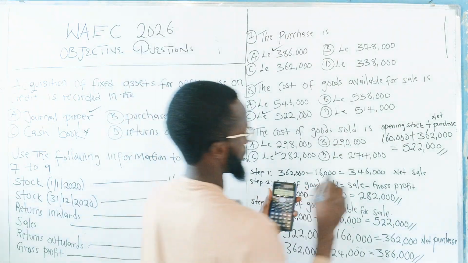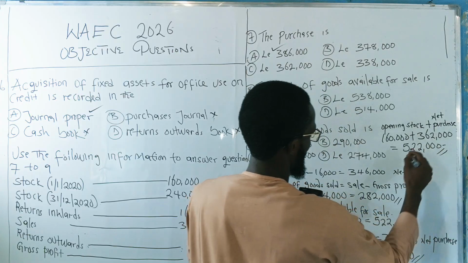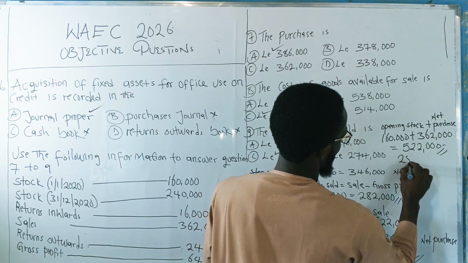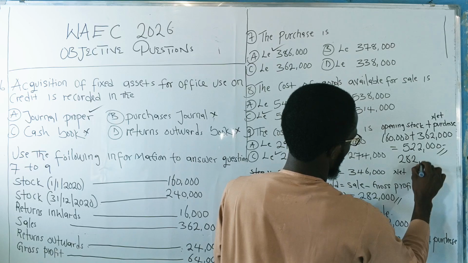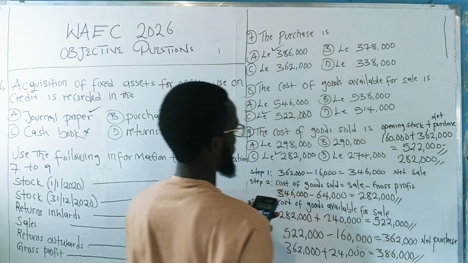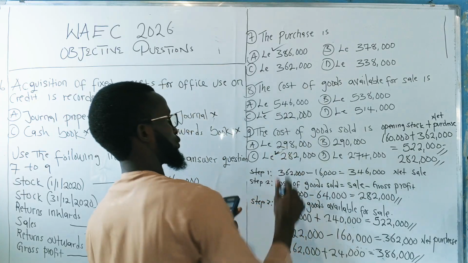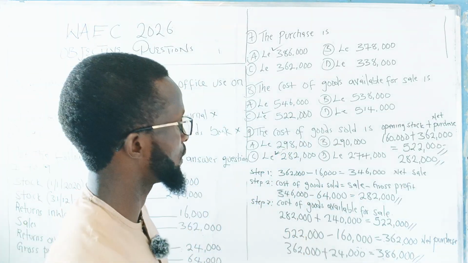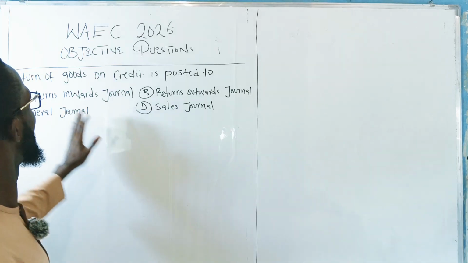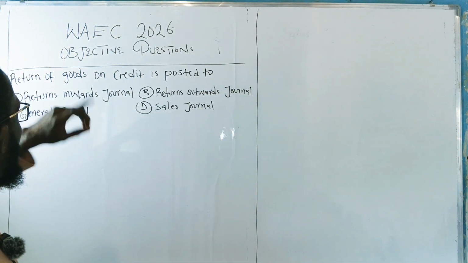When you less closing stock, you are going to have 282,000. This should be your cost of goods sold. So therefore, this is our answer. Cost of goods sold is 282,000.